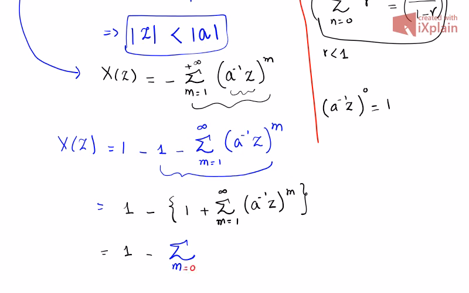M is from 0 to plus infinity now. From 0 to plus infinity, m equals 0 is equal to 1, which we already added to this summation. So m is from 0 to infinity, and a raised to the power minus 1 z raised to the power m.